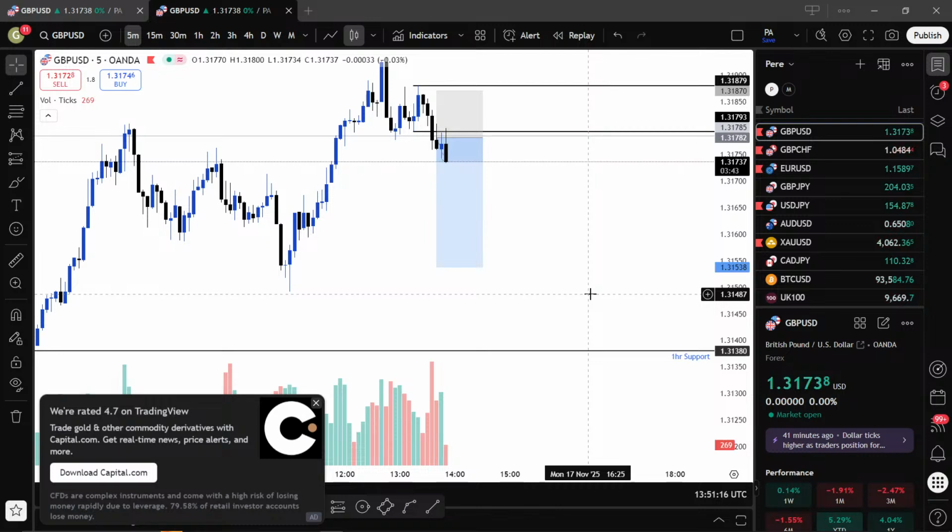Okay, GU is pushing downwards now, so we keep holding. Let's see what happens. Okay, that is it, guys. Let's see what happens from here.